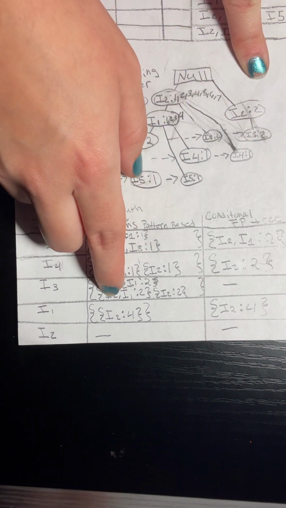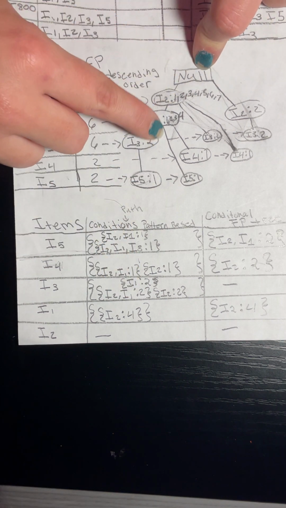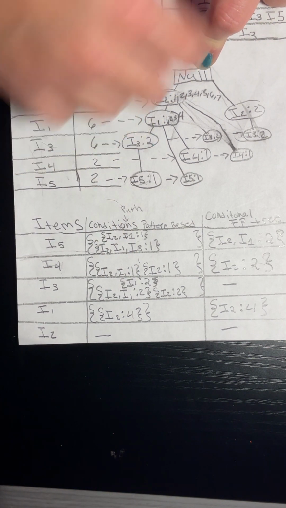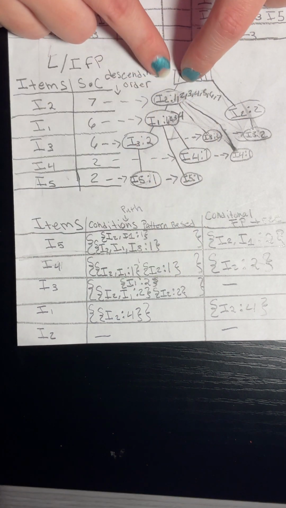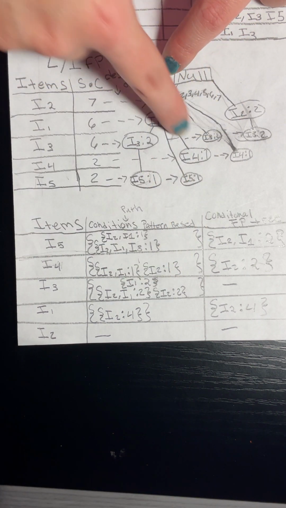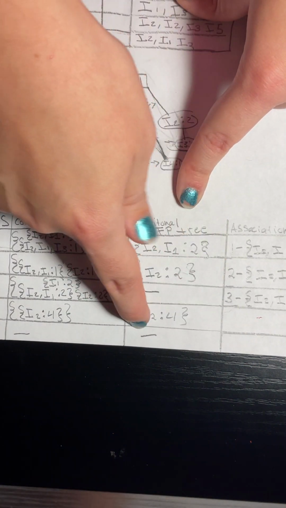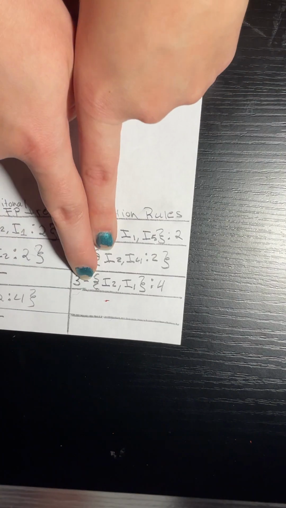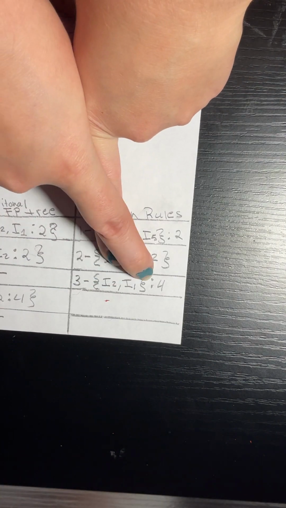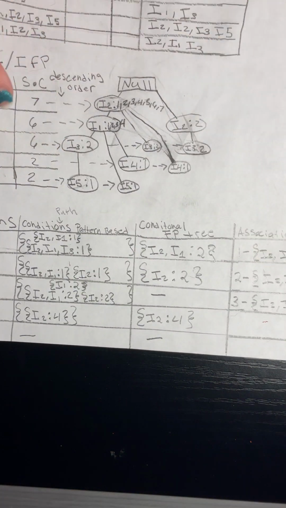Then we have our second pathway, which is I2 to I1, which is this pathway, I2 to I1 to I3, which made that a 2 right there. And then we have our last pathway, which is I2 to I3 right here. So those are our 3 pathways for that. We don't have a conditional FP tree for our I3 on this one, but we do have a rule, which is if there's I2 and I1, we have a condition of 4.